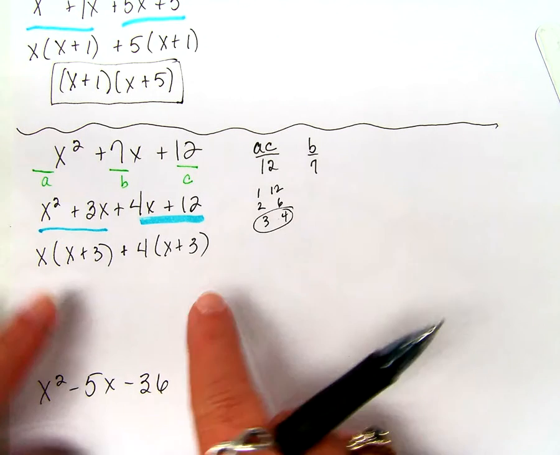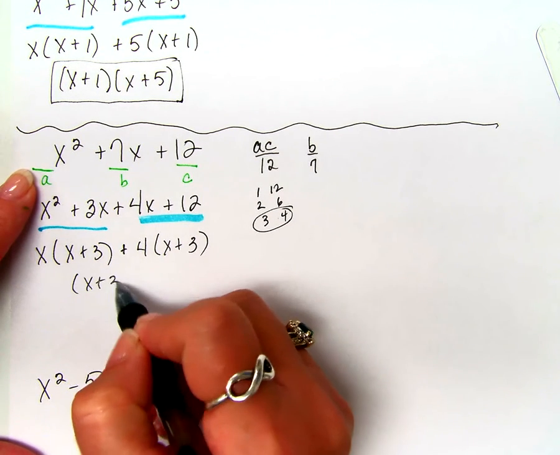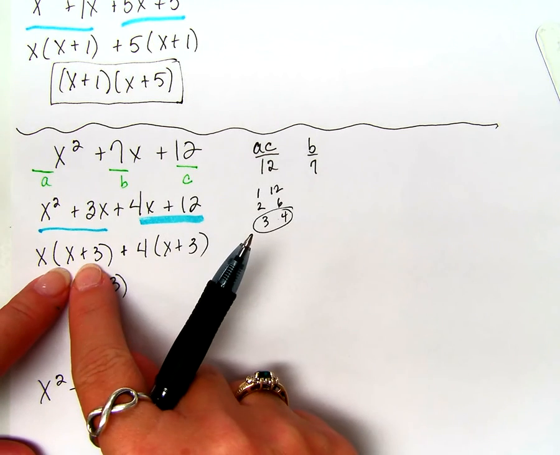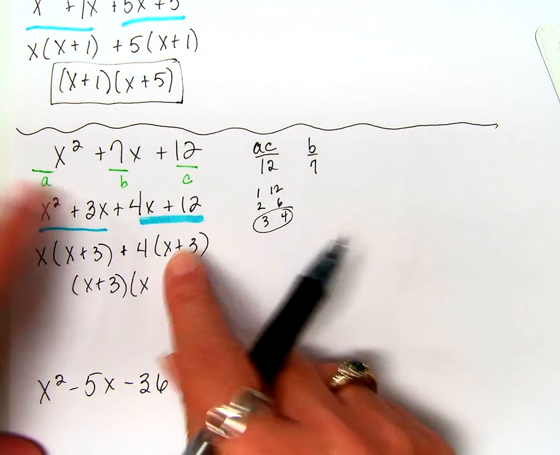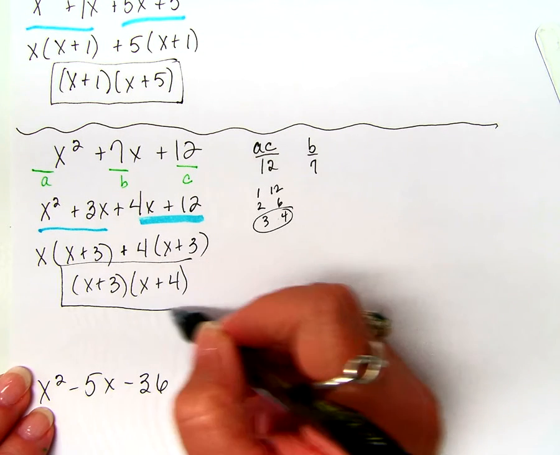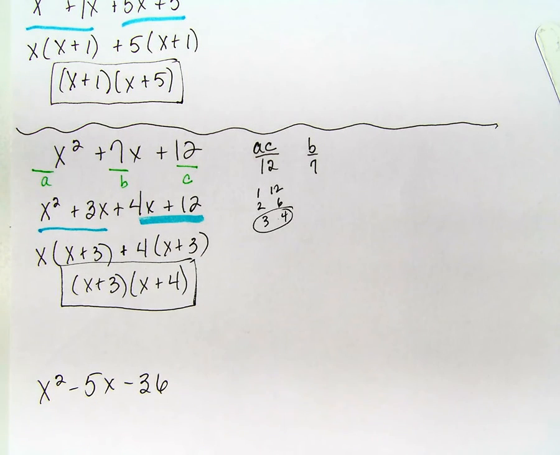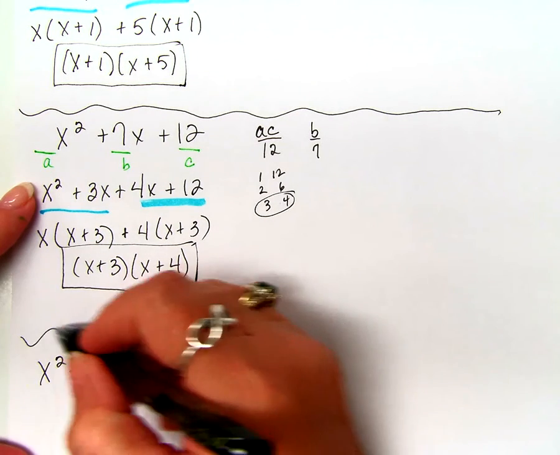Do these two terms have something in common? X plus 3. What's left from this term if we factor out an X plus 3? X. What's left from this term? 4. Done. Did I mention that this is the hard way? Okay. Just making sure. Because you guys don't believe me yet.